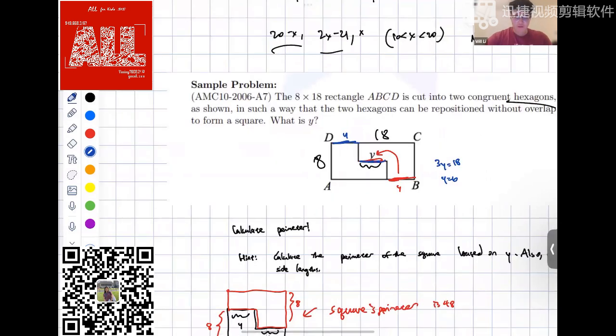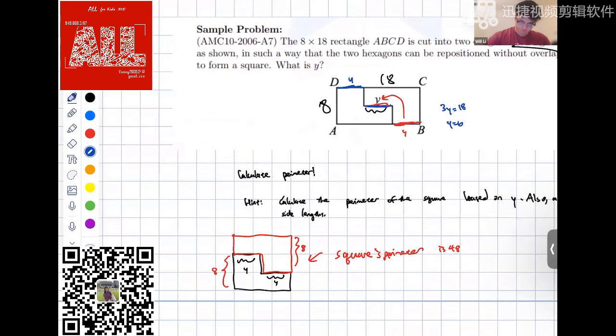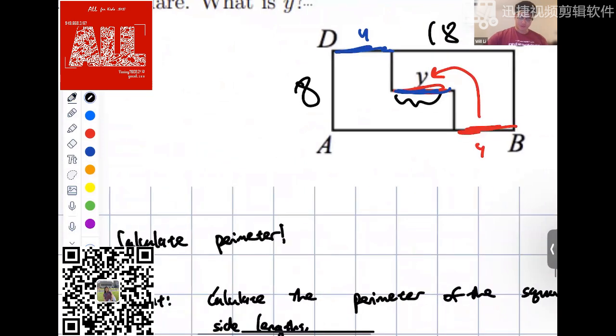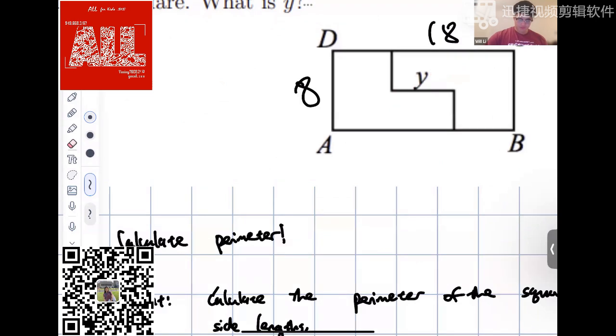You can also use the perimeter, looking at the perimeters of the square. The fact that the hexagons are congruent means that, let me erase this first, each of these line segments here is 4 and 4.